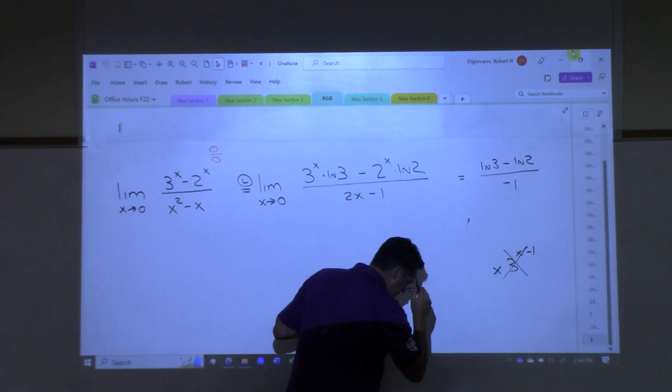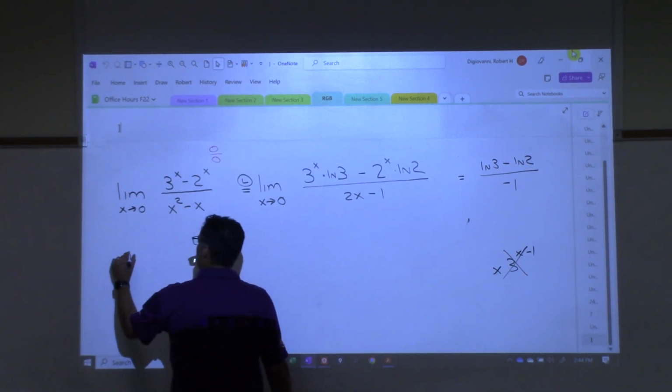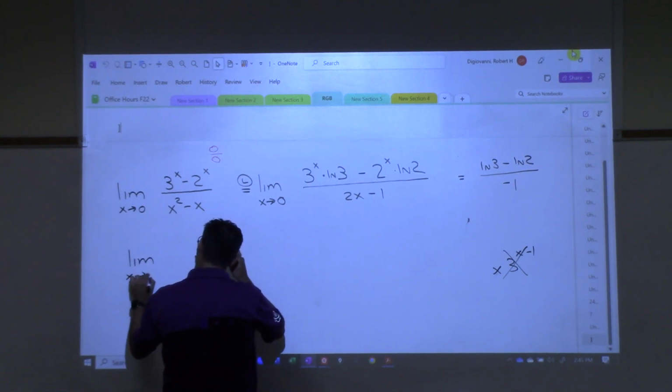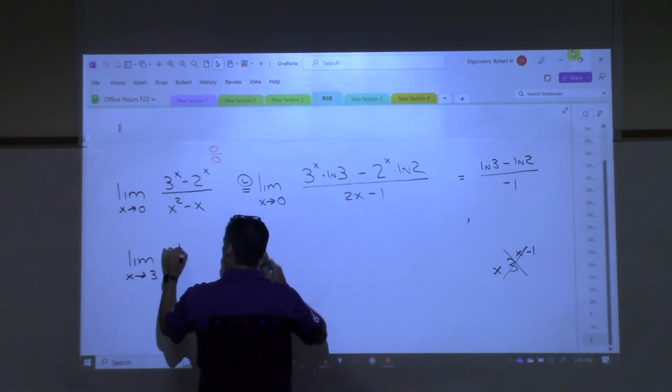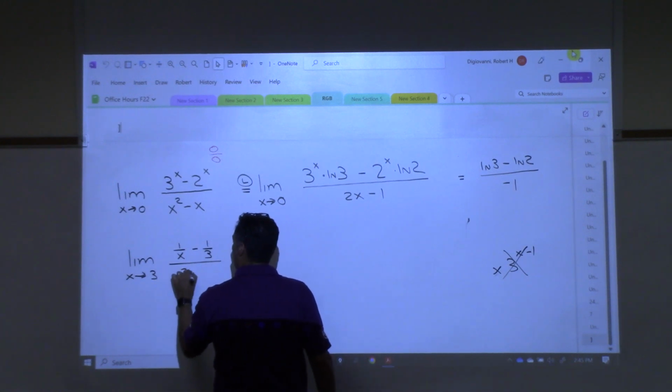Questions on it? Okay, here's one that we've done something like before. Limit as x goes to 3 of 1 over x minus 1 over 3, over x squared minus 9.